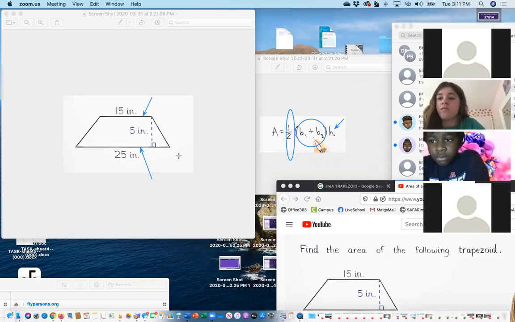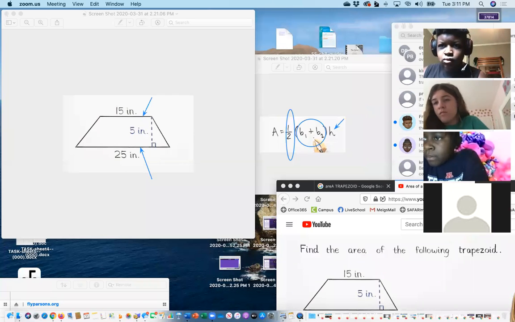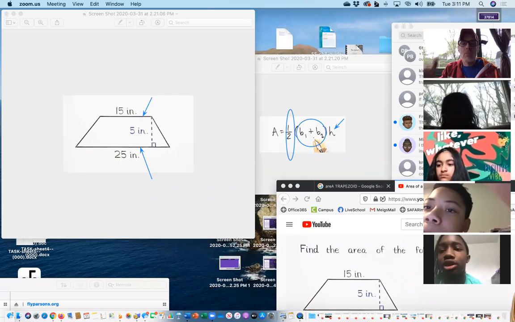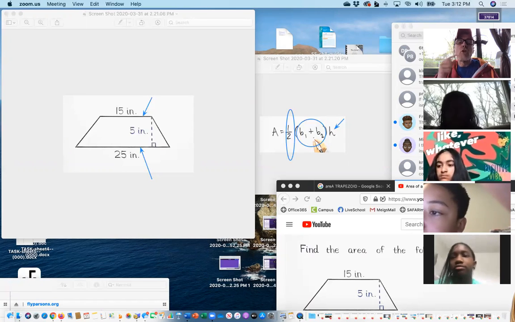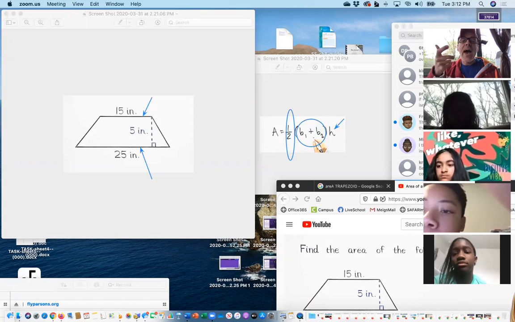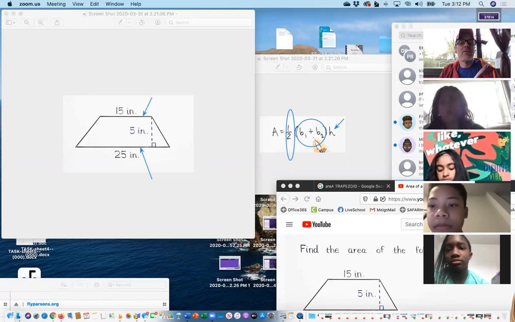So to get the area of it, you would add the top and the bottom ones. Bases, yep, two bases. Then you would, wait, what would you do after that? So you add the two bases together, half it, half that number, and multiply the height.